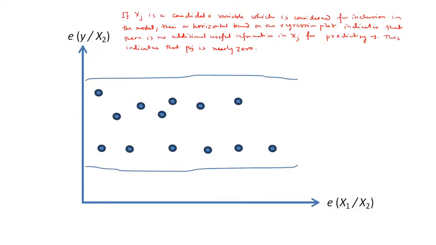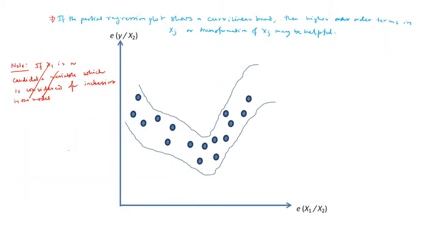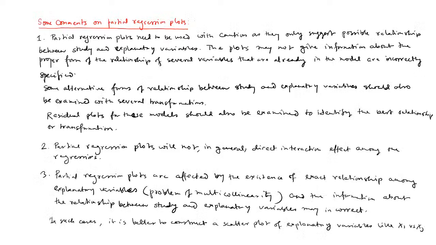And if your partial residual plot looks like this, then you can omit this x2 from the model, because it does not give significant information to the model. Please note these points.